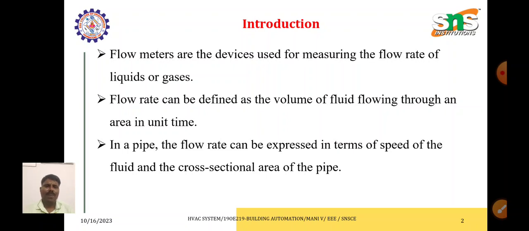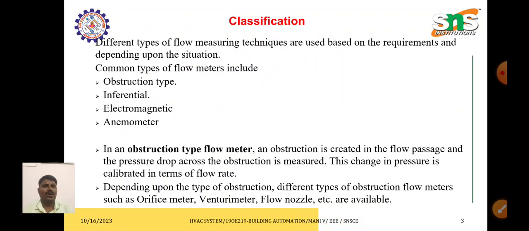In a pipe, the flow rate can be expressed in terms of the speed of the fluid and the cross-sectional area of the pipe. So these are the two parameters to calculate the flow: one is the velocity of the fluid or gas, and the other is the cross-sectional area. These are a few classifications of flow meters: obstruction type, inferential type, electromagnetic type and anemometer.